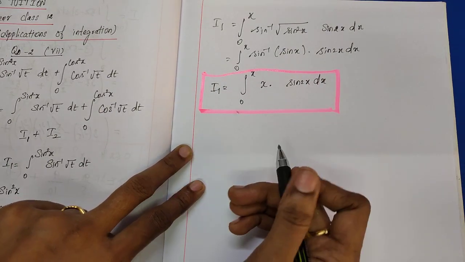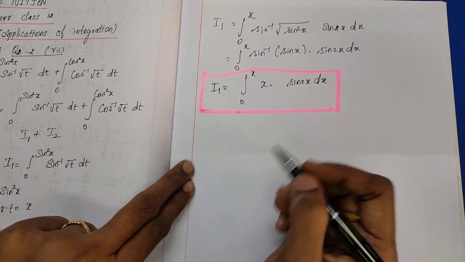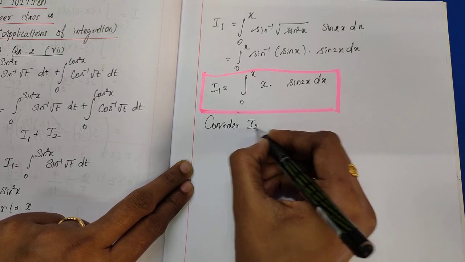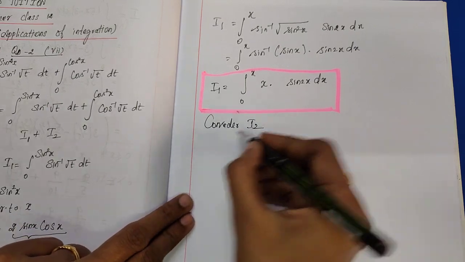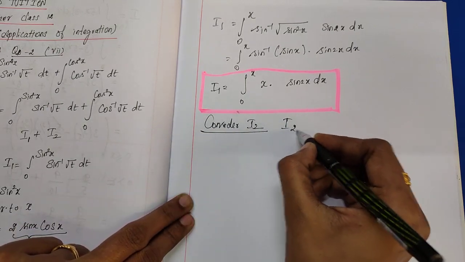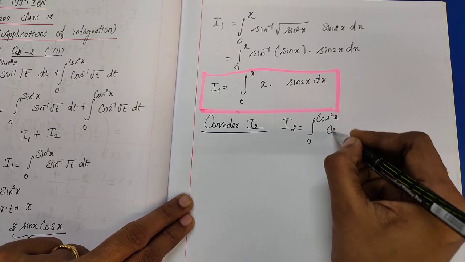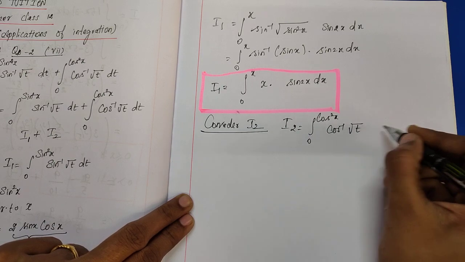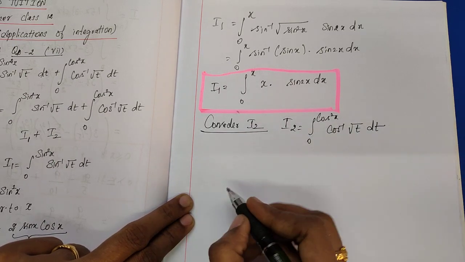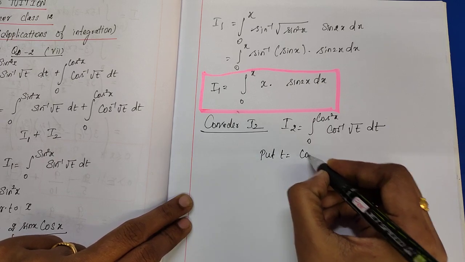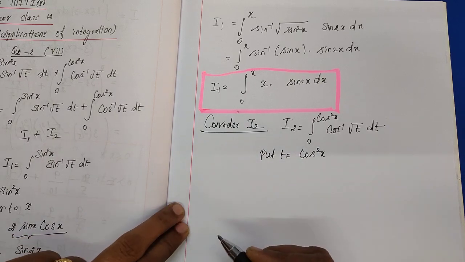Now consider the term I2. Our I2 is equal to integral 0 to cos square x of cos inverse root t dt. Put t equal to cos square x.